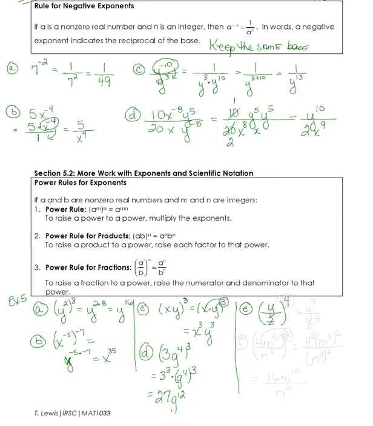We're going to apply that same rule as we did with the previous example, but it's just a quotient. We're going to take the exponent of 4 and distribute it as an exponent to the numerator and to the denominator, so y to the 4th all over z to the 4th.